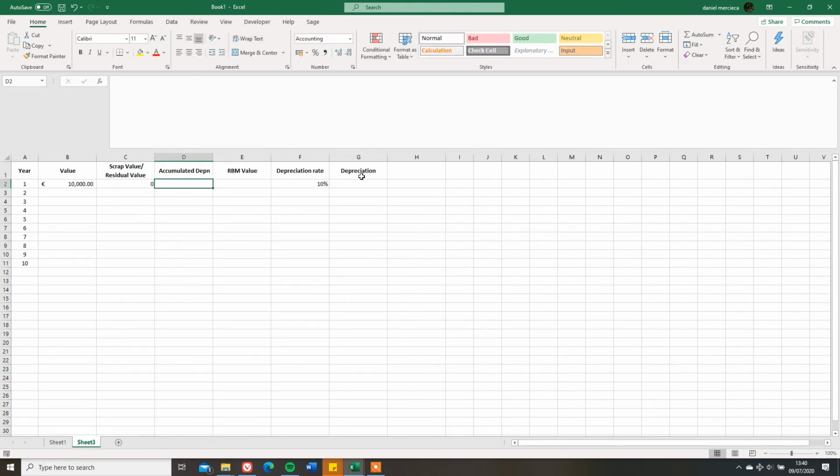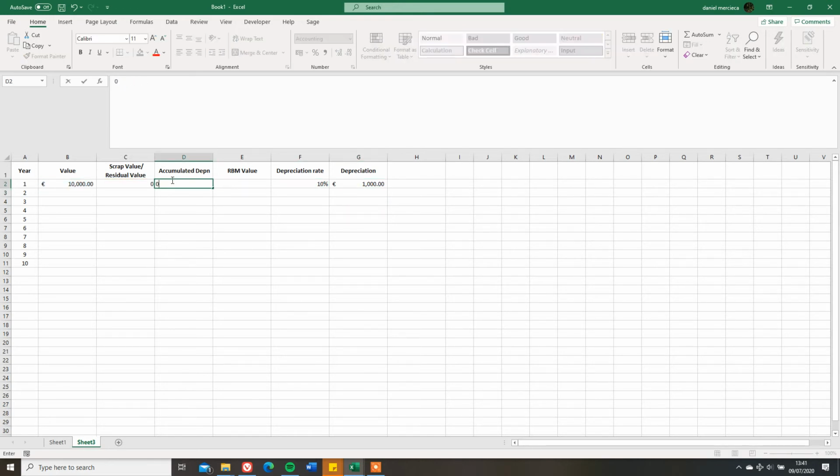So we would have to calculate the first year's depreciation as we have always did. So we simply grab the value and multiply it by the depreciation rate, which would give us 10,000.